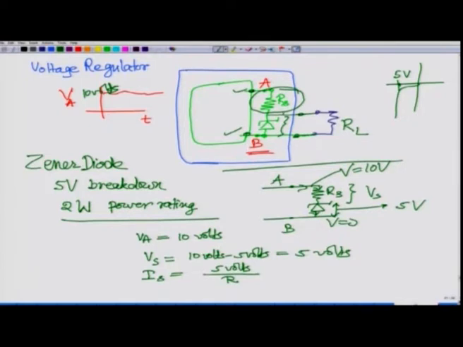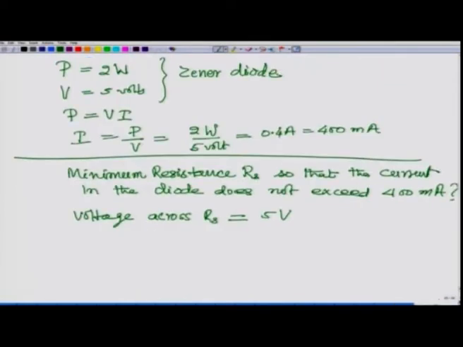So, if this is 5 volt and the current is 400 milliampere or 0.4 ampere, because I have not put any load at this moment, I am just taking an unloaded circuit. So, the entire current which is there in RS, that is going through the Zener also, and therefore, it is 0.4 ampere, and you can calculate how much is RS.